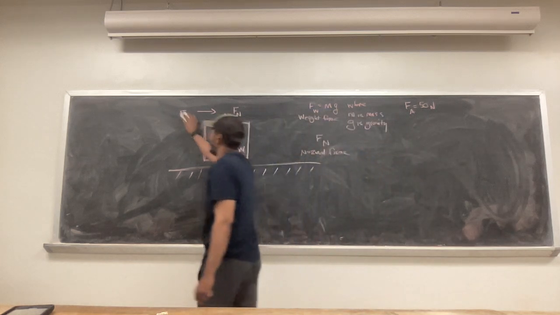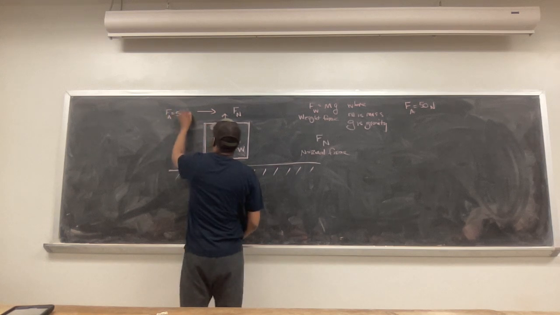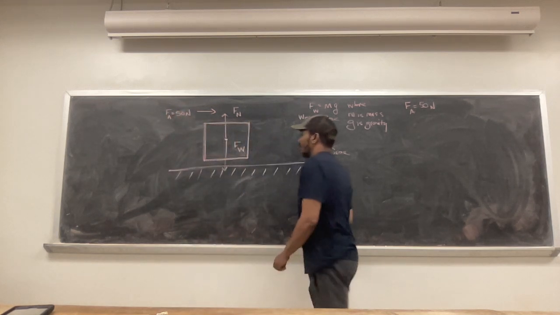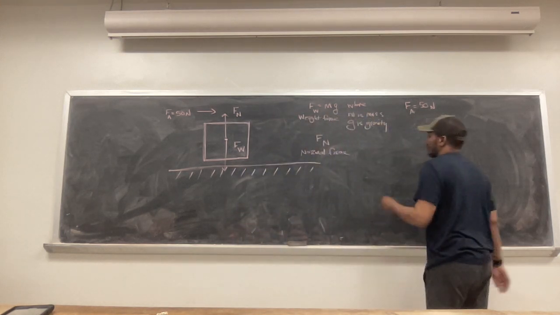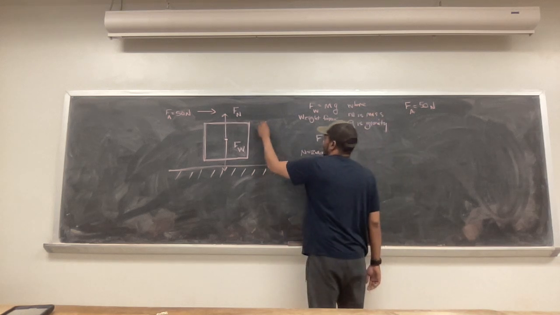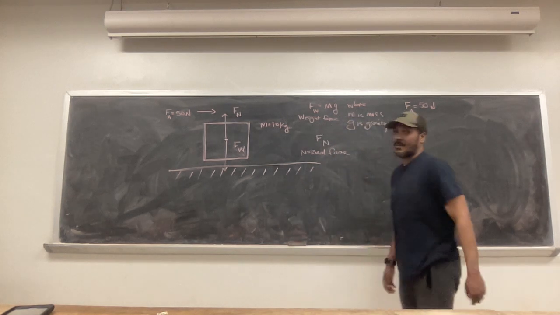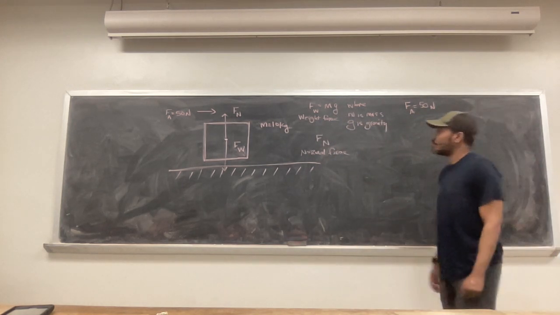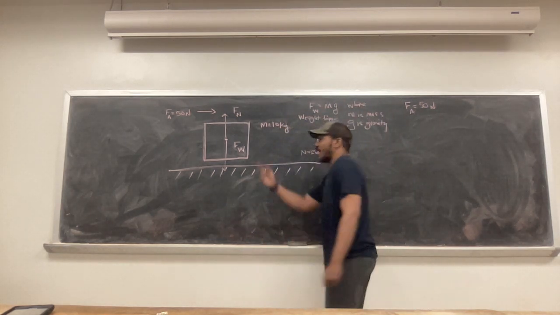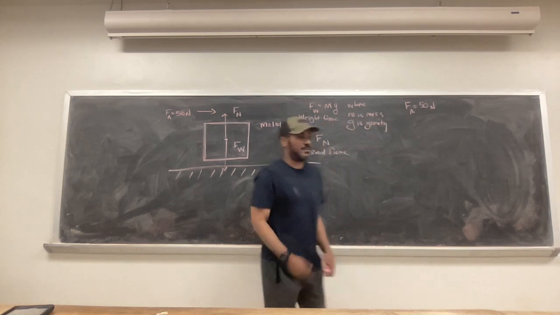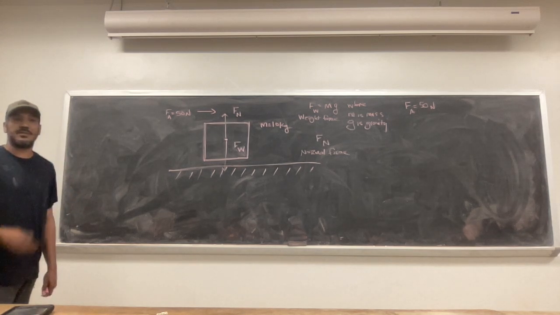So now we can write F sub A is 50 newtons. And let's say the mass of our box is 10 kilos. So now we've got our applied force going this way. What else is there?